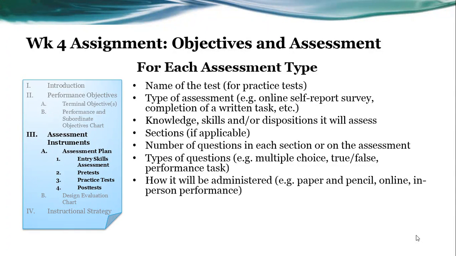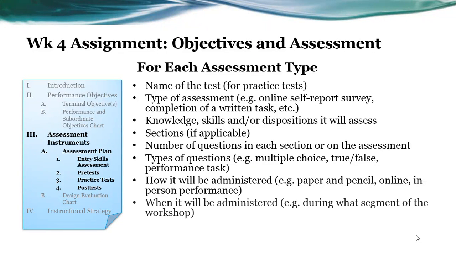How it will be administered, is it going to be a paper and pencil, is it going to be online, or is it going to be just a performance that somebody's going to be observing in person? And when it will be administered, during what segment of the workshop, at the beginning, before the beginning, after this particular section of the workshop, at the end, whatever it is.